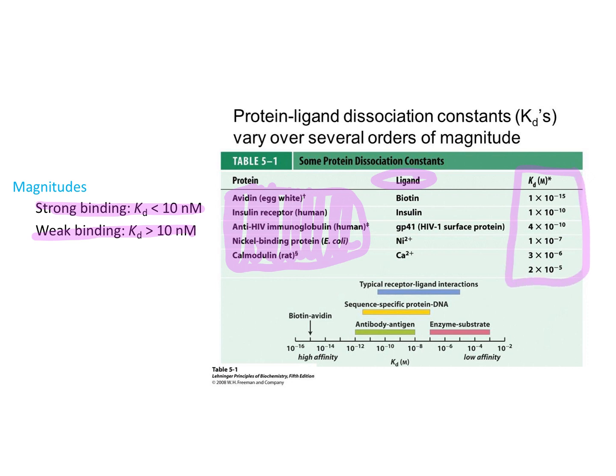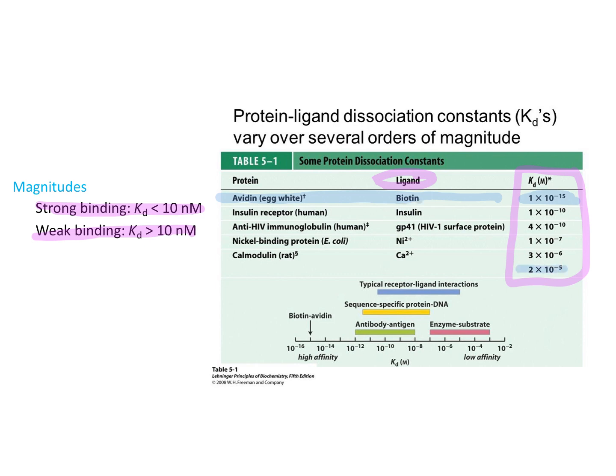The one that has the smallest KD here, this 1 times 10 to the minus 15, is the binding affinity between avidin protein and biotin.